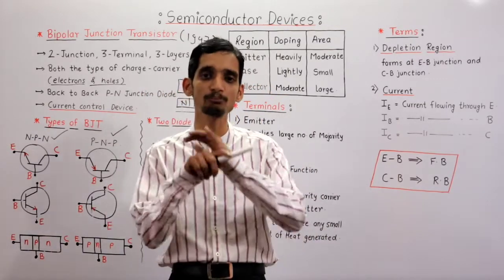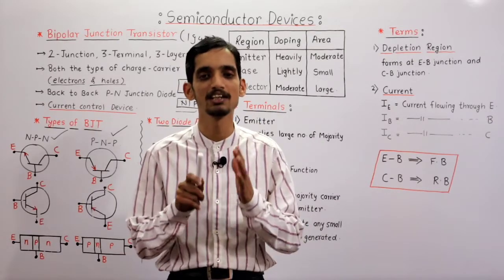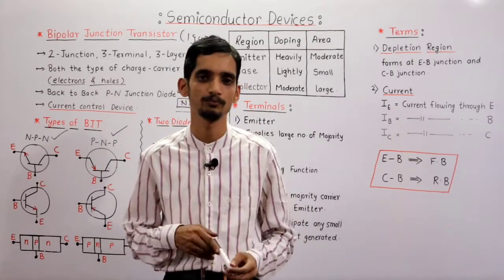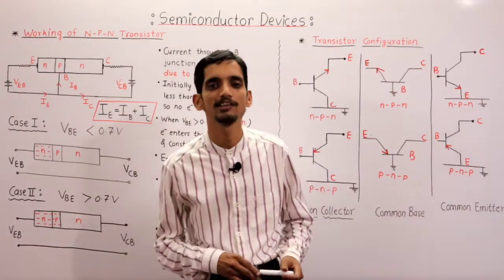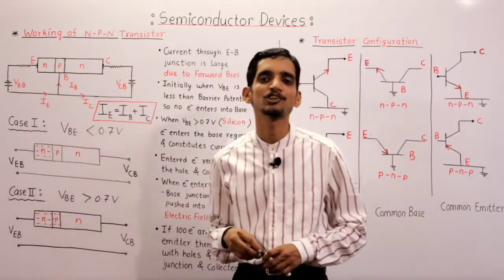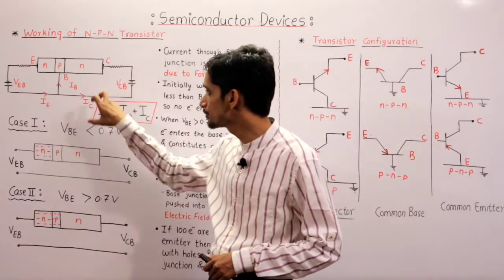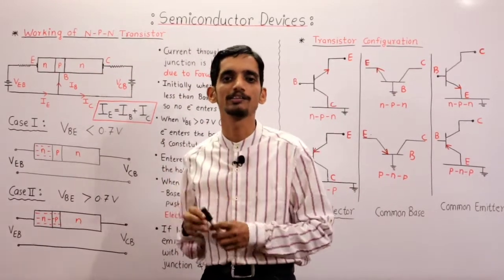So this is the introduction to the transistor in terms of its connections and symbols. Now we are going to discuss the working of the NPN transistor. This is also called transistor action. It means how the carrier flow is maintained in the transistor.